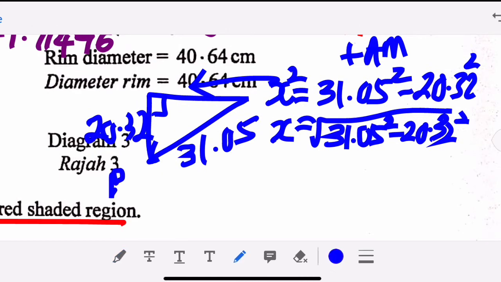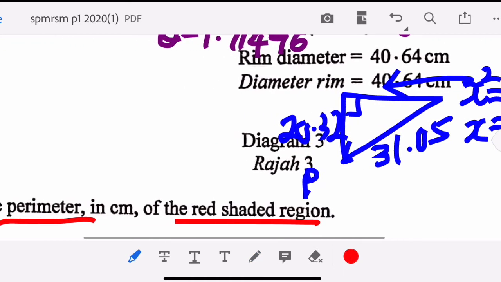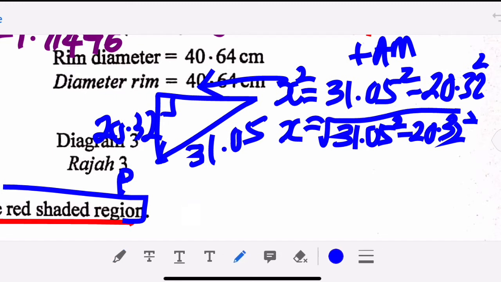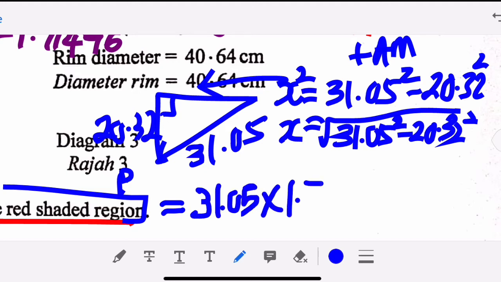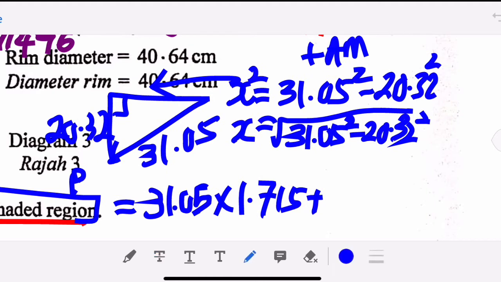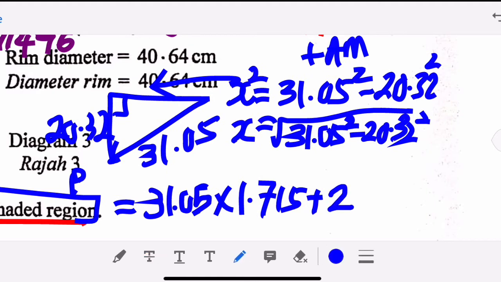So the perimeter for the shaded region in red color is equal to r theta, 31.05 times 1.715, plus 2 times x here. So let's see what we get.